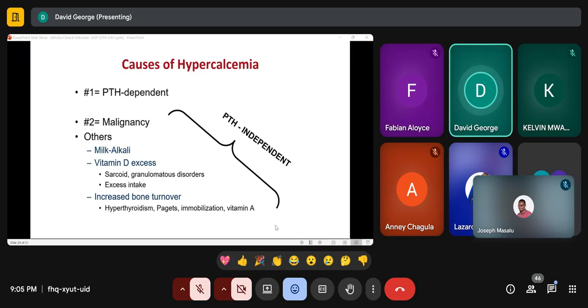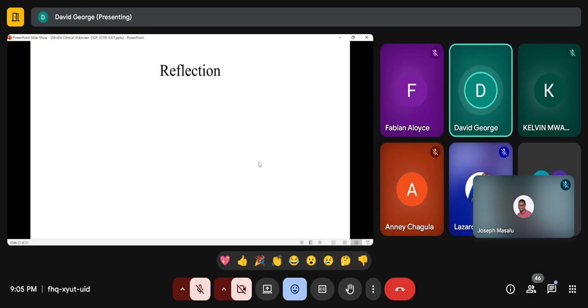So I thought I'll just do teaching points in this one slide, and then let Joseph reflect on it. But then each one of us should go and familiarize ourselves more with calcium, and maybe read around all sorts of hyperparathyroidism. So back to you, Joseph, for reflections.